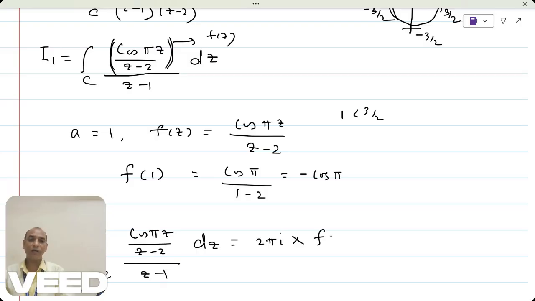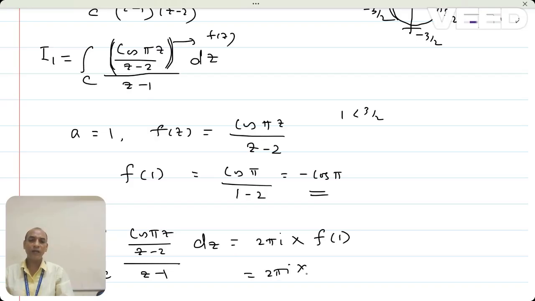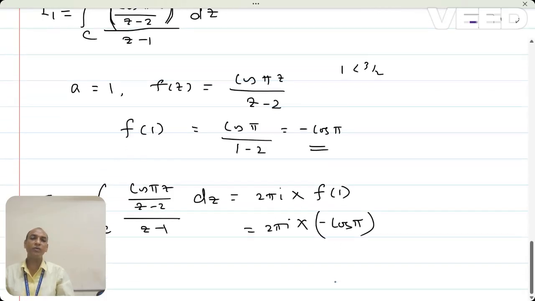But already you found f of 1 equal to minus cos pi. So this means 2 pi i into minus cos pi. But cos pi is equal to minus 1, and so minus of minus will be plus. So your answer will be 2 pi i. You can leave it here, otherwise you can put the value of cos pi, and that will be nothing but 2 pi.